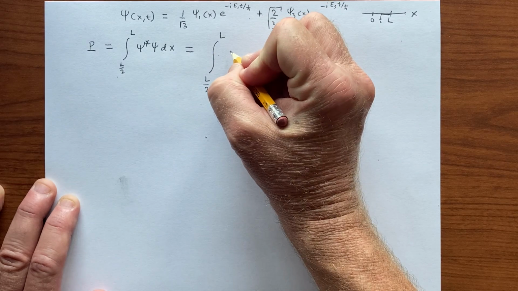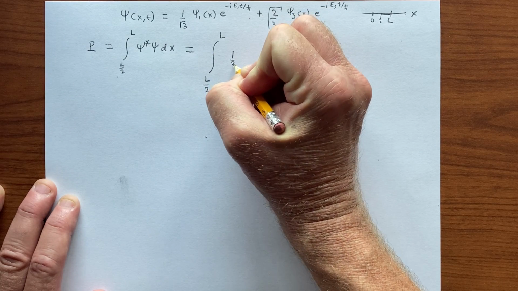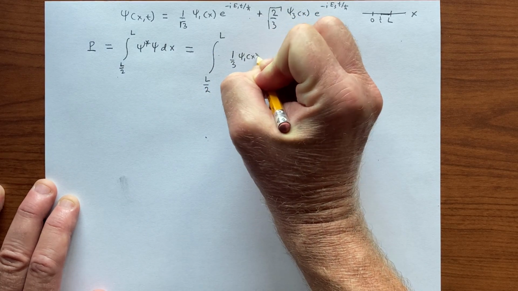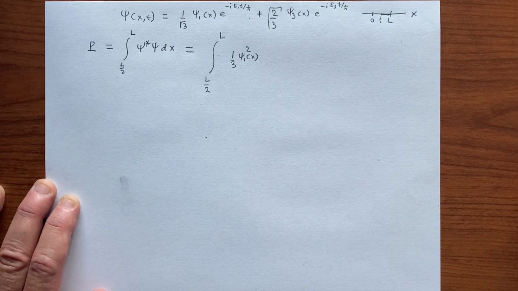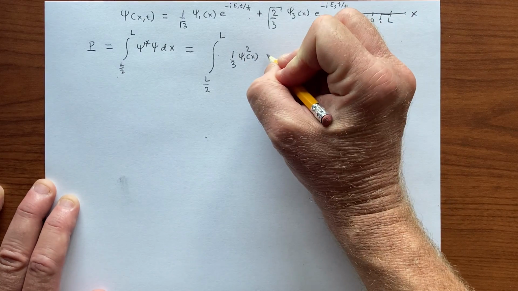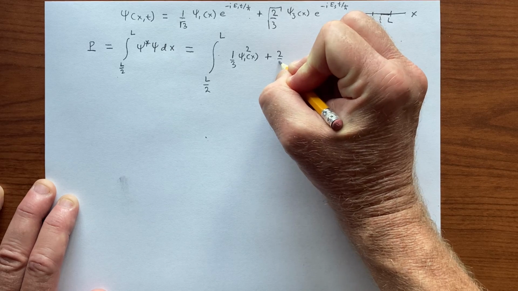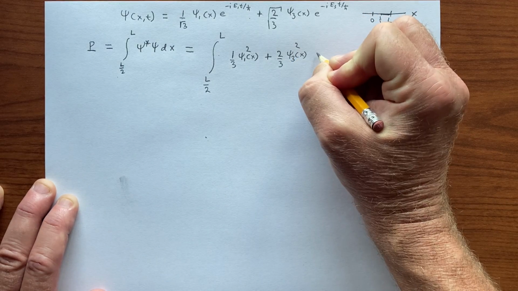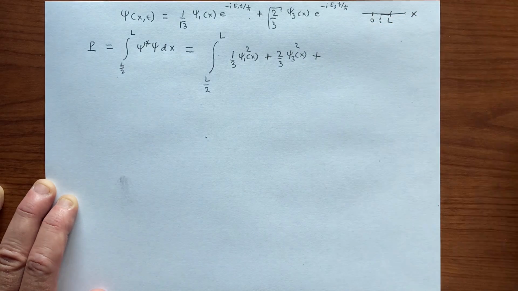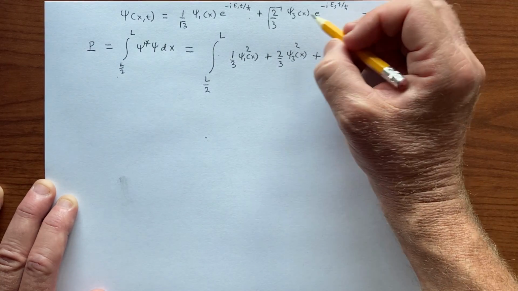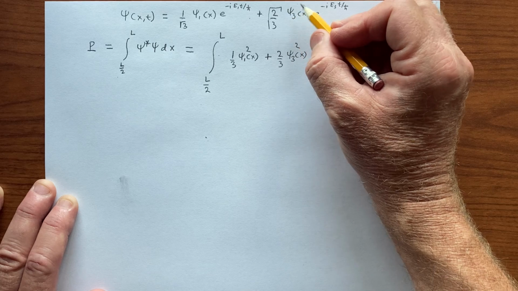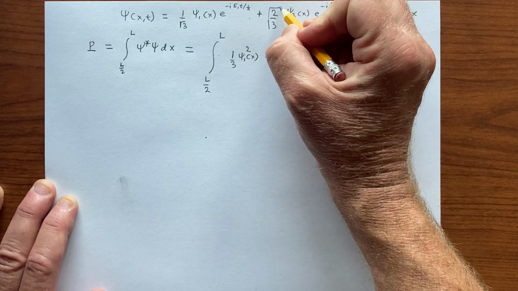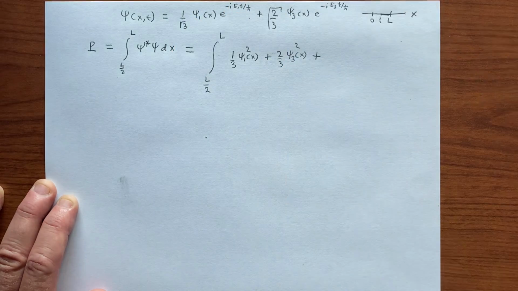The first term looks like 1/3 psi 1 of x squared. The second term is 2/3 psi 3 of x squared. And then we have the cross term. So it's two terms that involve square root of 2 over 3 times 1 over the square root of 3.